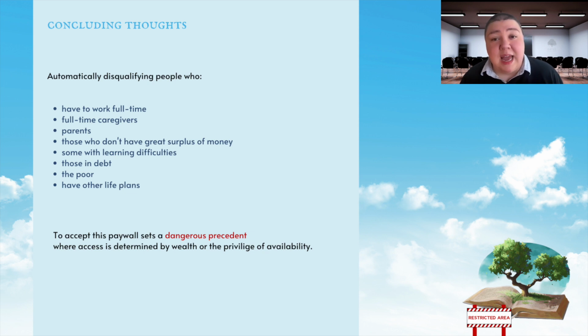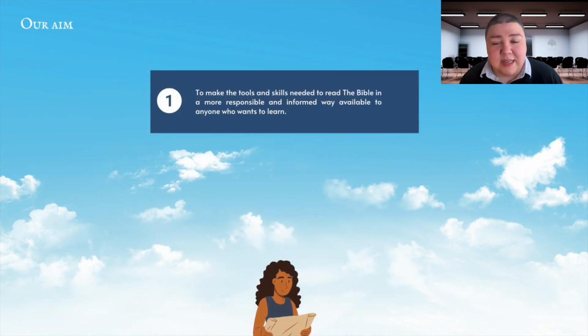That sums up the aim of this course and indeed the goal of Zeteo School, to make the tools and skills needed to read the Bible in a more responsible and informed way available to anyone who wants to learn. The skills offered and taught to theology students at university.